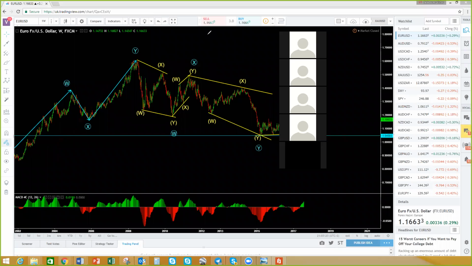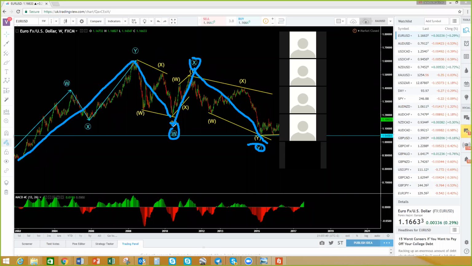Let's do that in the blue. That is my impulse. I'm connecting up the blue now. So this is AW. You see my blue degree. This is my blue degree that I'm connecting up here. Connected the blue degree, right?